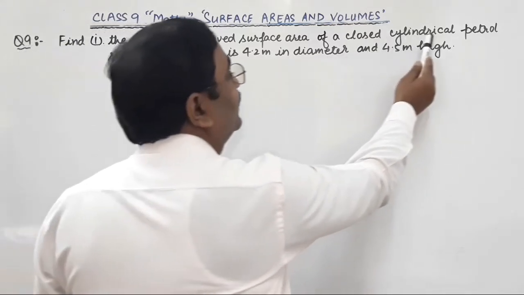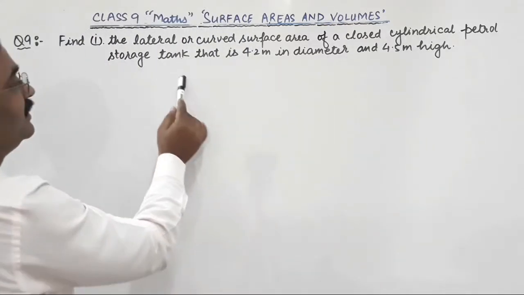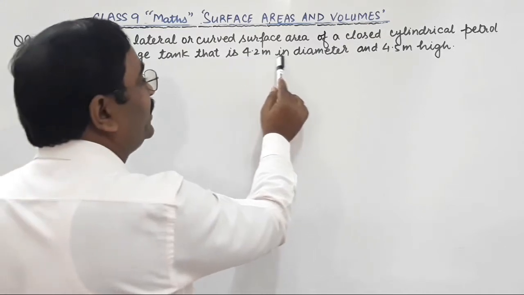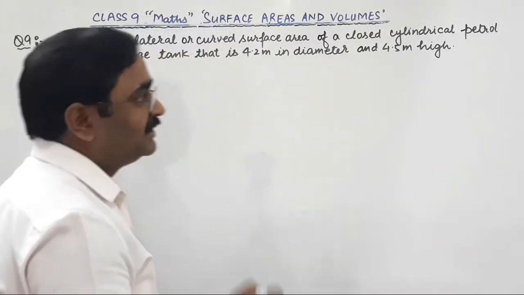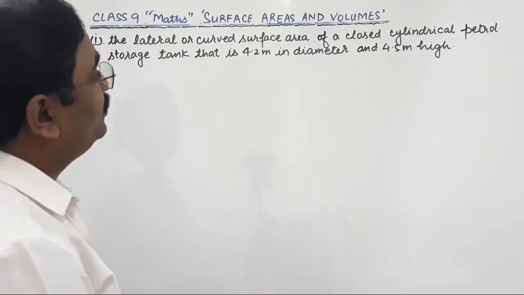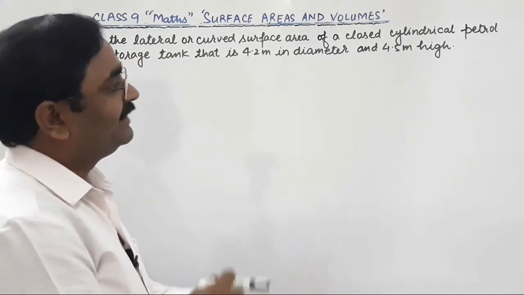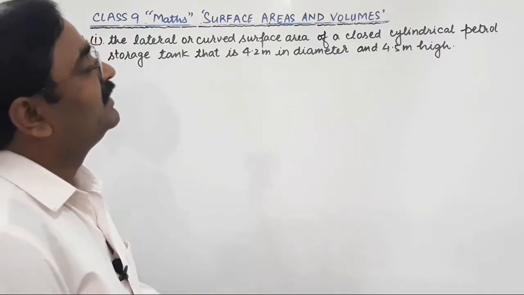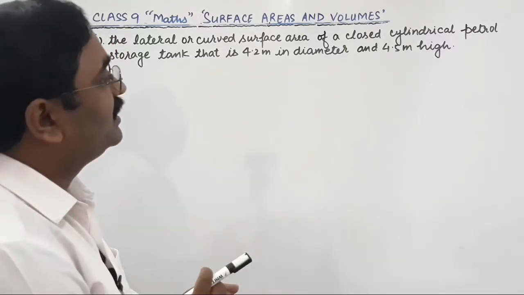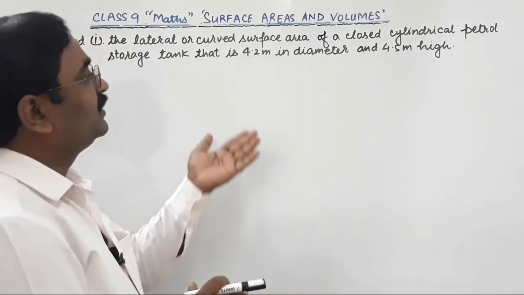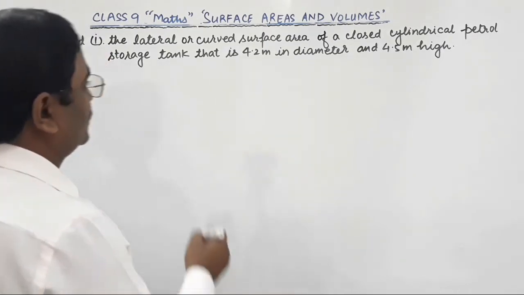Of a closed cylindrical petrol storage tank that is 4.2 meter in diameter and 4.5 meter in height. So we need to find out the curved surface area. Before that we have to write down the information which is given in the question.